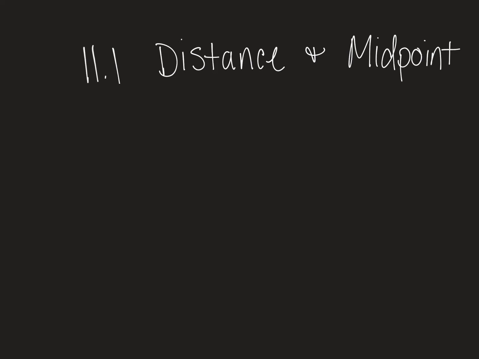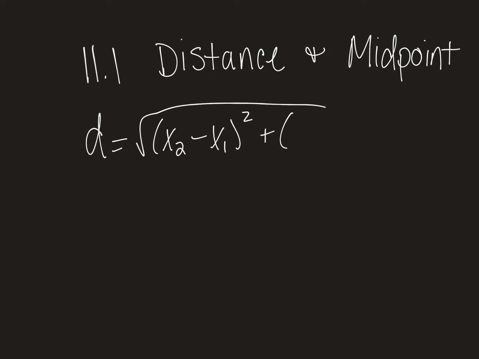So, finding the distance or the length between 2 points. So you use this formula. All right, so that's the formula we use. And then you're going to be given 2 points.